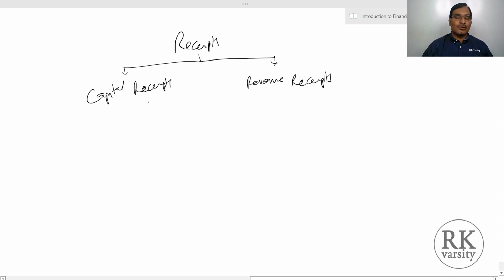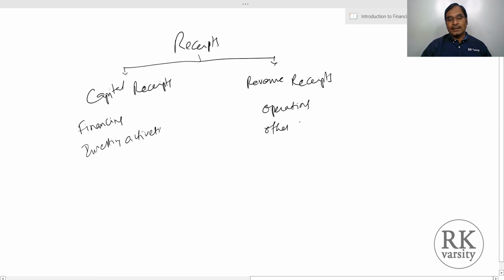Capital receipts are from financing and investing activities, whereas your revenue receipts come from revenue from operations and other sources of income.